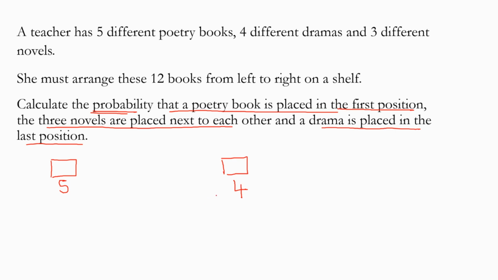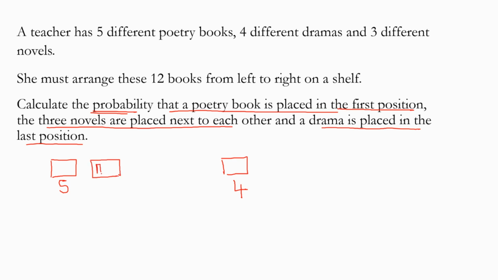Remember, okay? So we're going to have one book here, which is a poetry book, and one book here, which is a drama. So how many books are we left with now? We're left with 10 books to arrange. Now they're saying the novels must be next to each other. So these 3 books must be next to each other.